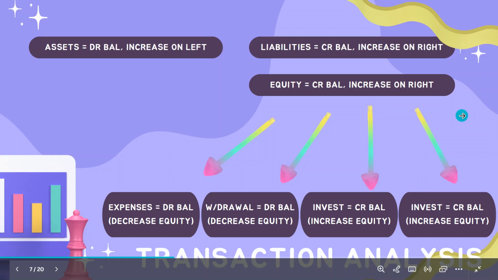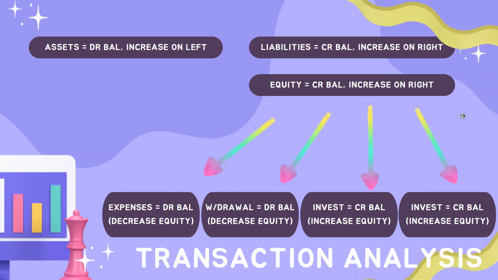Okay, so here we go. Assets are on the left. They have a debit balance, so they increase on the left. Liabilities and equity are on the right. Left has to equal the right at all times. Debits have to equal credits. Since these are on the right, they increase on the right.